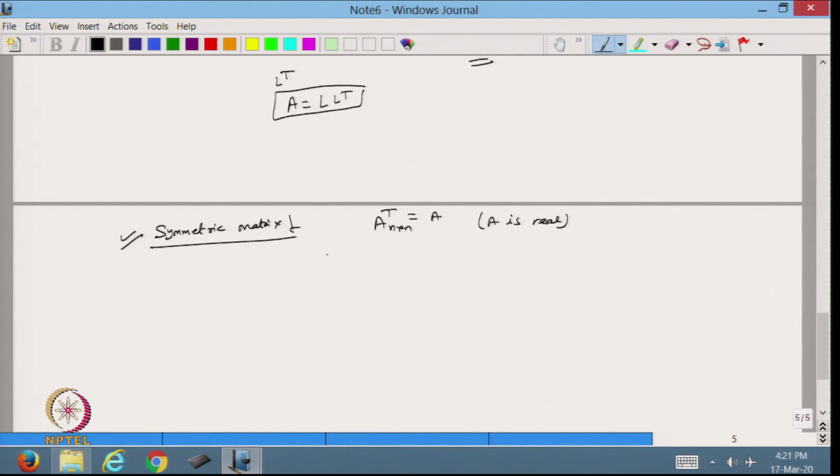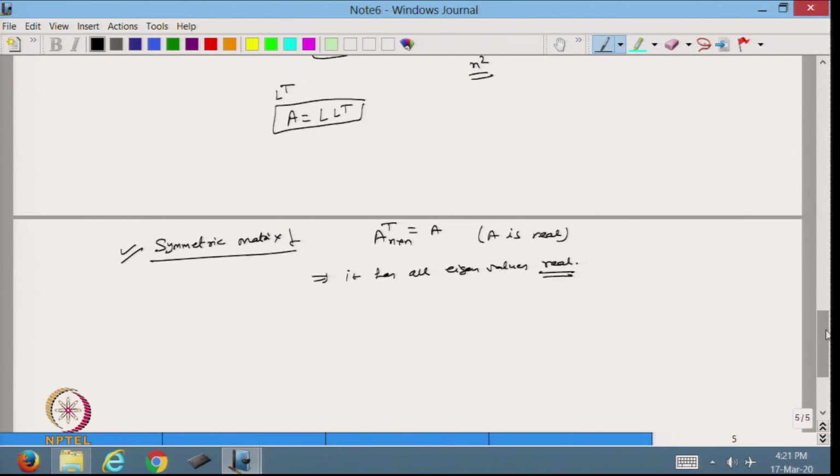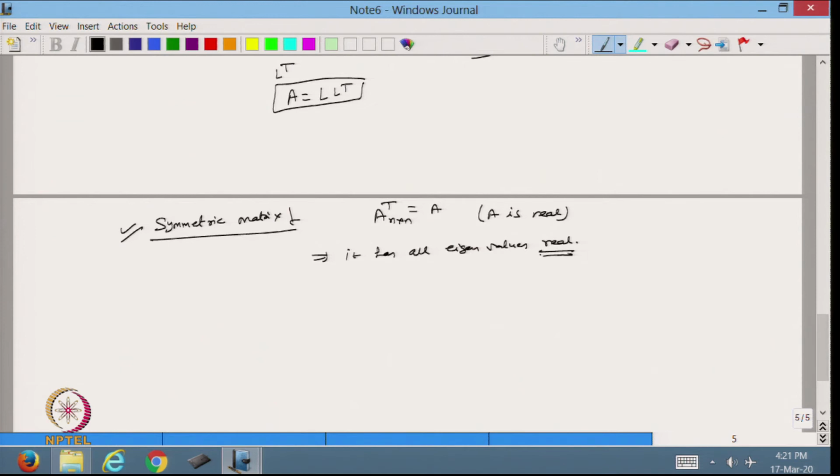The benefit of the symmetric matrix is that it has all eigenvalues real, because when we have real eigenvalues, then we can say whether it has a positive sign or negative sign. This we can also prove.